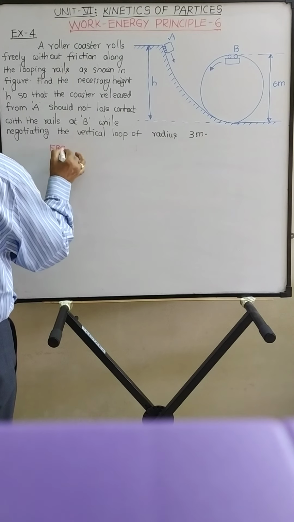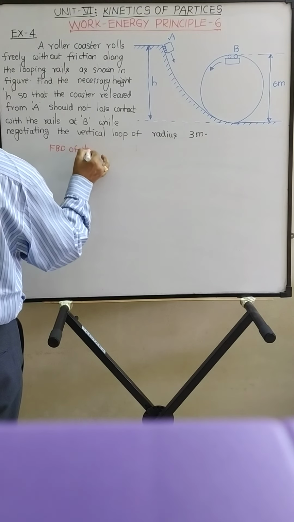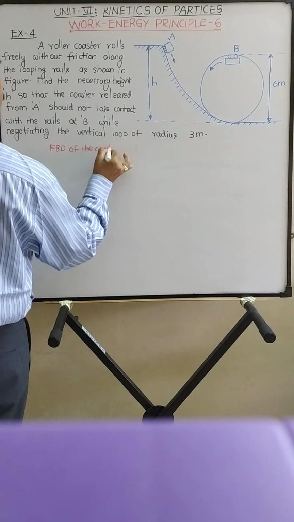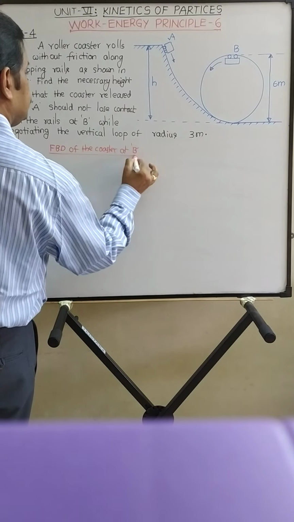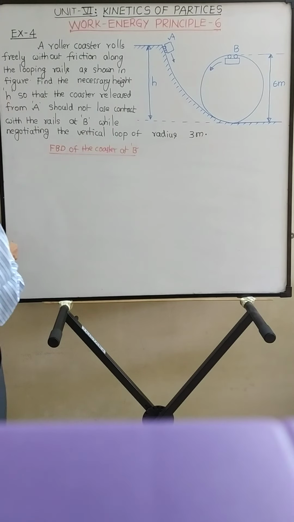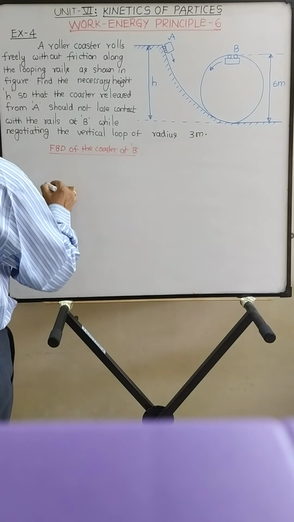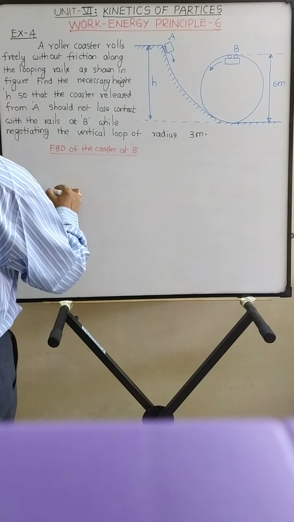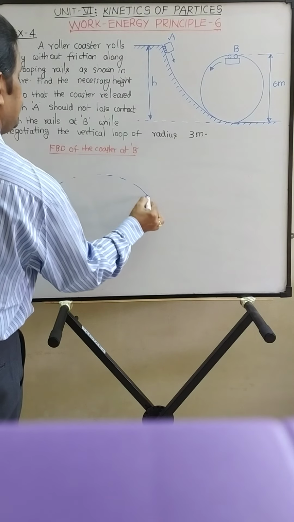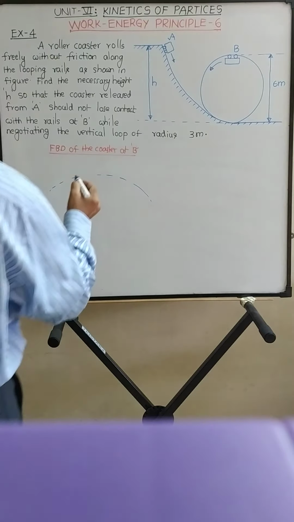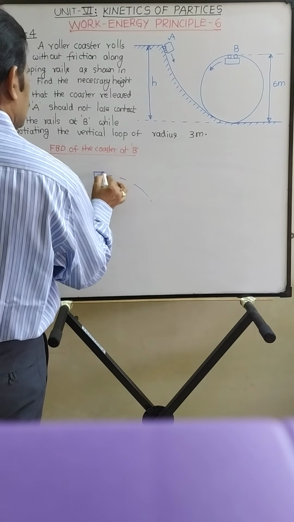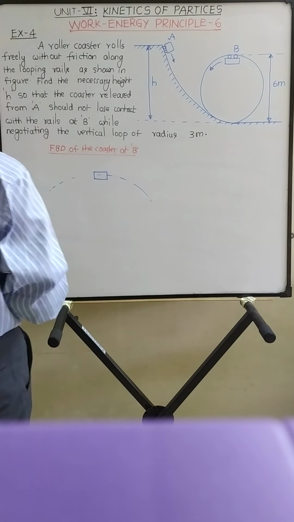So FBD of the coaster at B. So this coaster is negotiating a curve, right? So what are the forces acting on this?